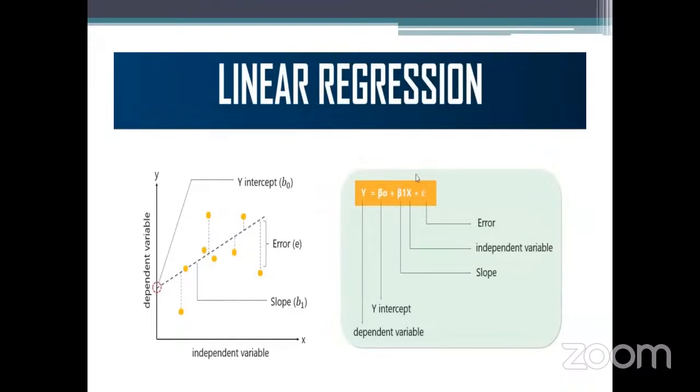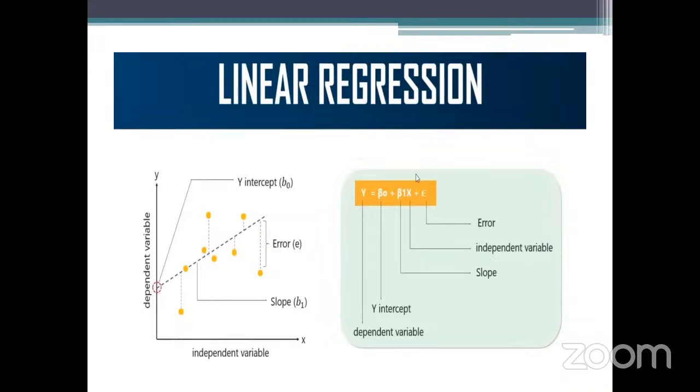In this graph, you're basically showing the relationship between the dependent variable y and the independent variable x. This is a linear relationship between these two variables. The y-intercept is basically the point on the line which starts at the y-axis. This is the y-intercept, which is represented by B naught.